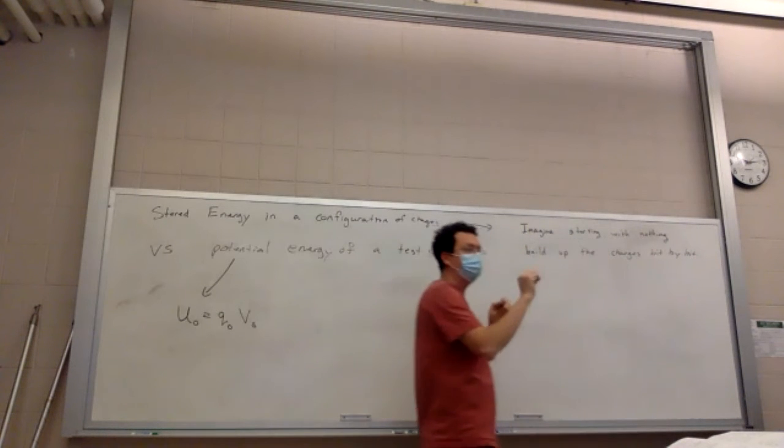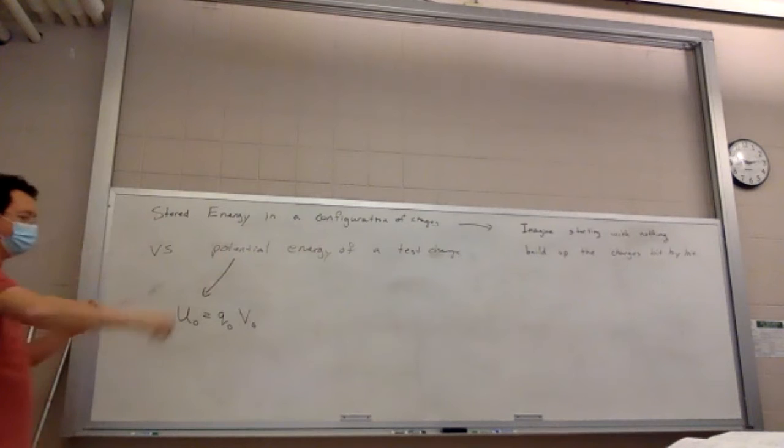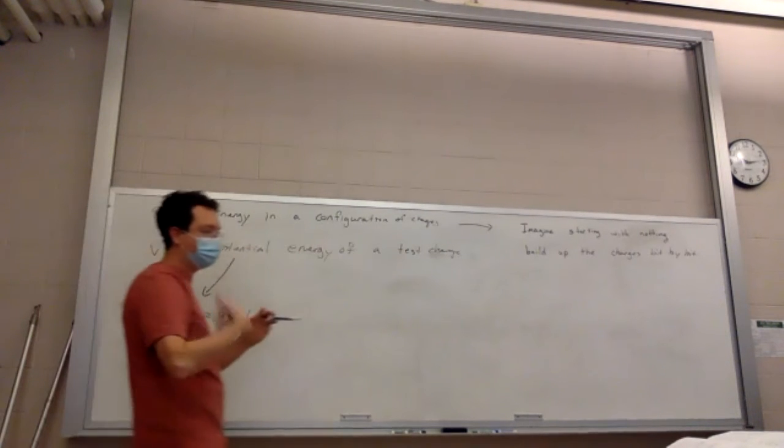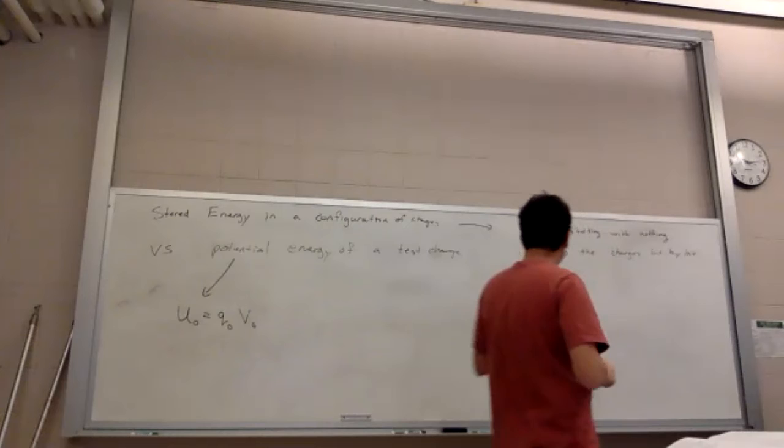So you're not talking about just one point charge added at the end. You're talking about piece by piece, adding it up, and just adding up all the energy you get bit by bit.